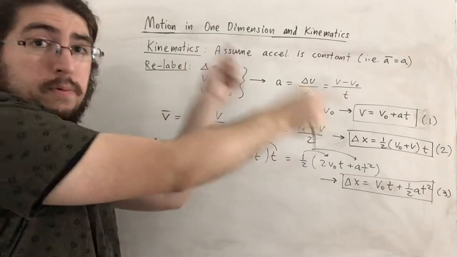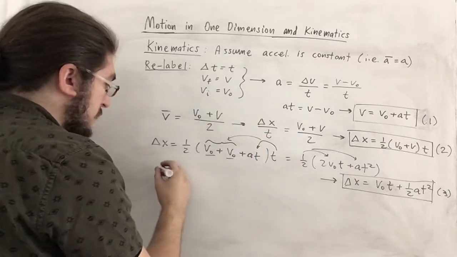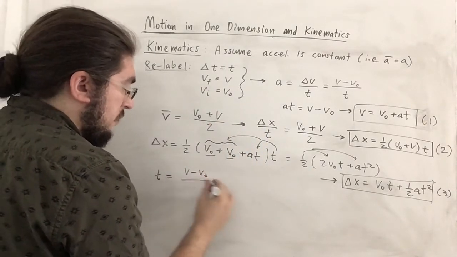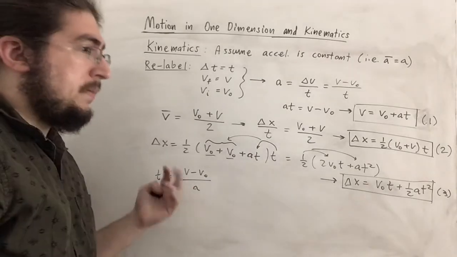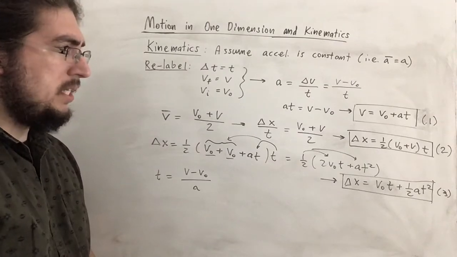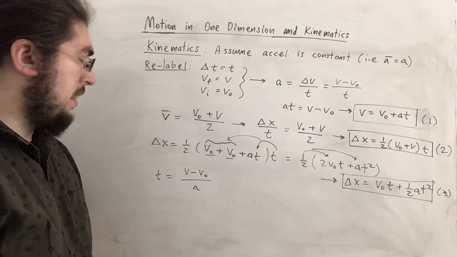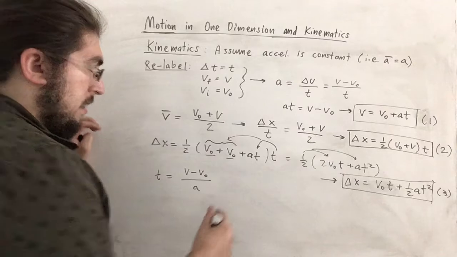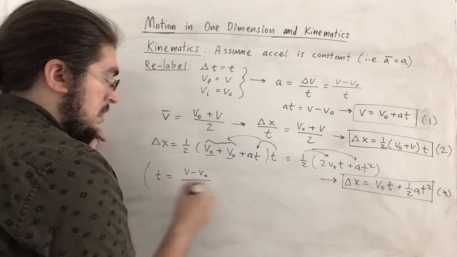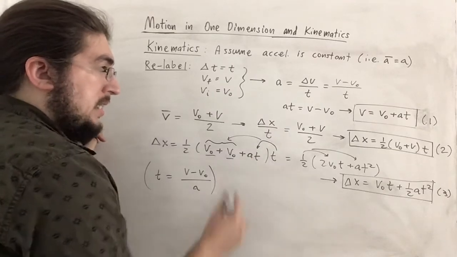If we do a swap, remember that from our discussion in trigonometry, we get that t is equal to v minus v naught over a. Very good. And substitute that now into equation 2. I think that'll be enough to get what I want. It's going to look a little weird, but let's see if we can plug that in. So we're plugging t equals v minus v naught over a into the second equation.